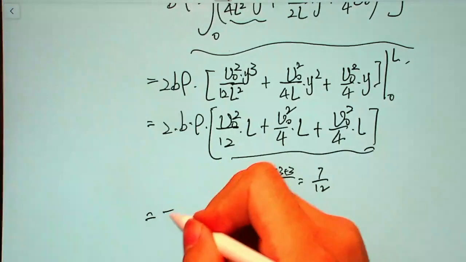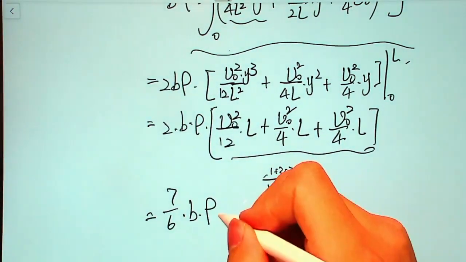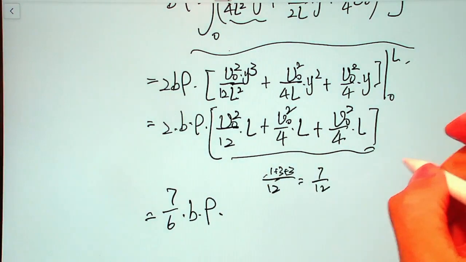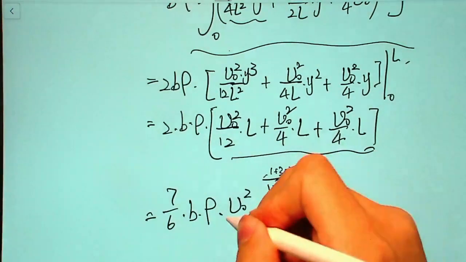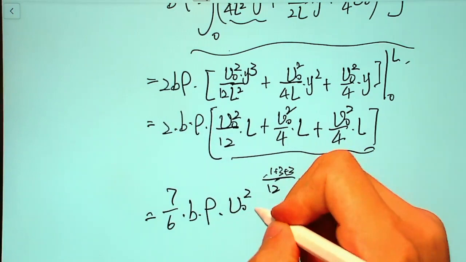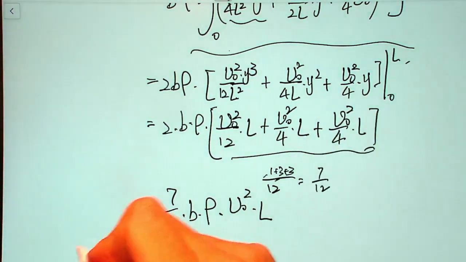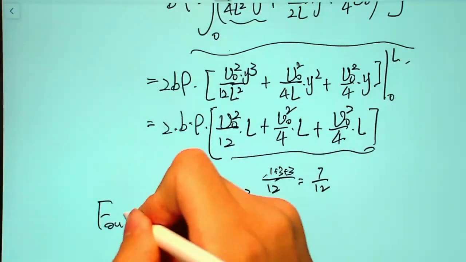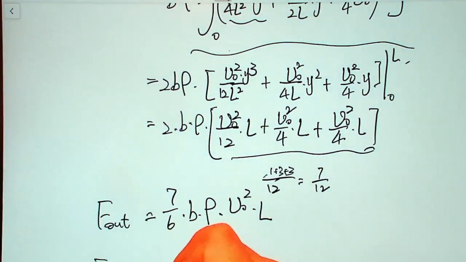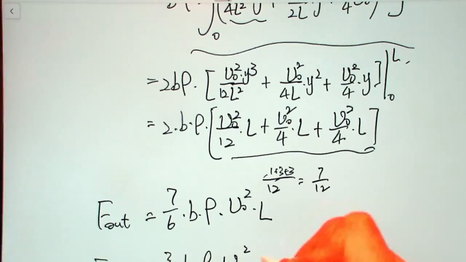So this gives us 7 over 6 times b times density times U0 squared times L. So remember, this is the F out.